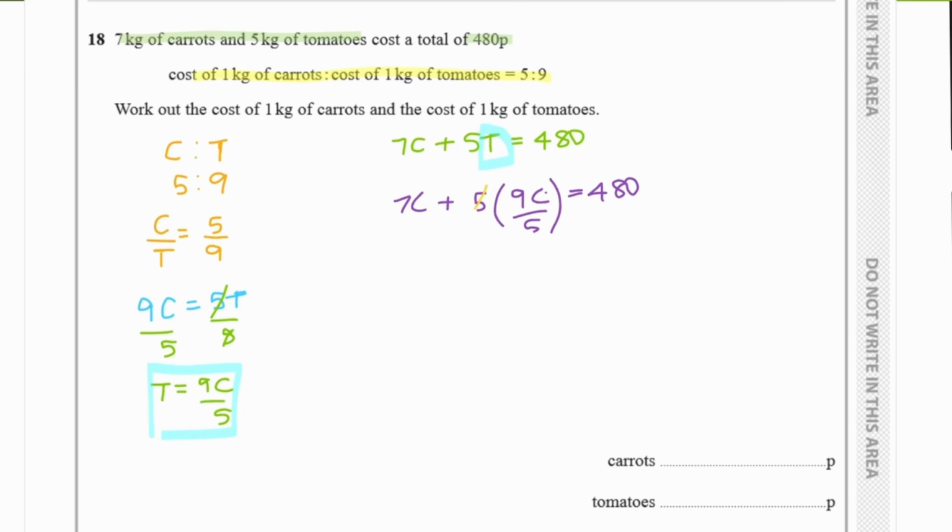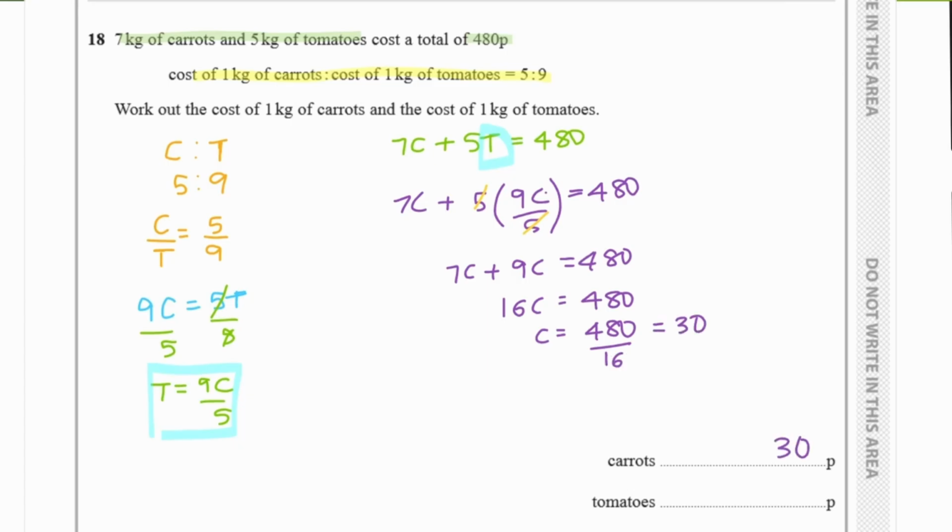And if we now try to simplify this fraction, we can cancel out the 5's and we can rewrite this as 7C plus 9C is equal to 480. If we simplify this, we will get 16C is equal to 480. And if we divide both sides by 16, C is equal to 480 divided by 16, which would be 30.